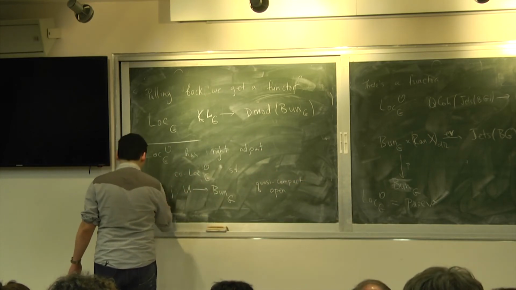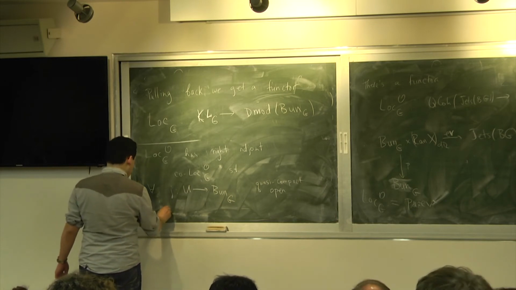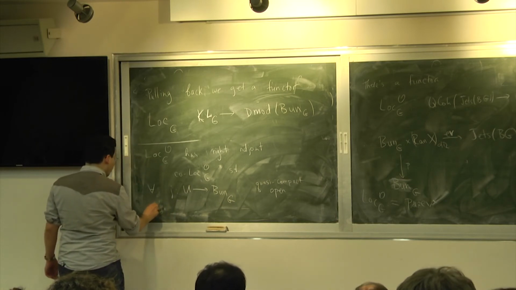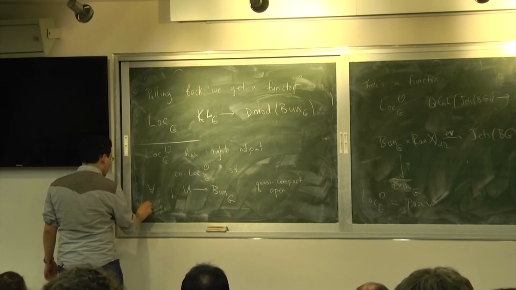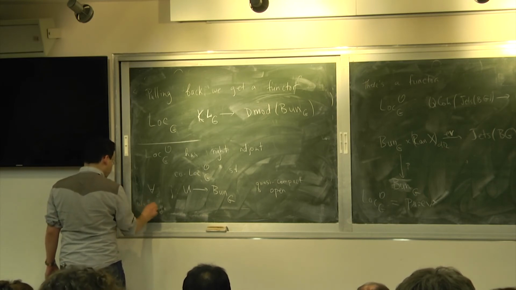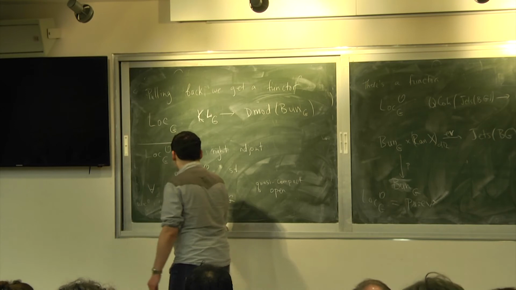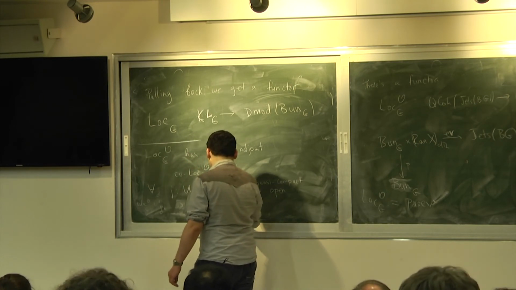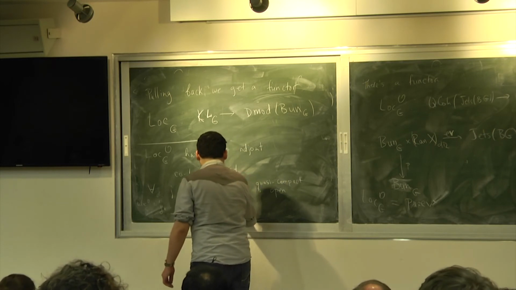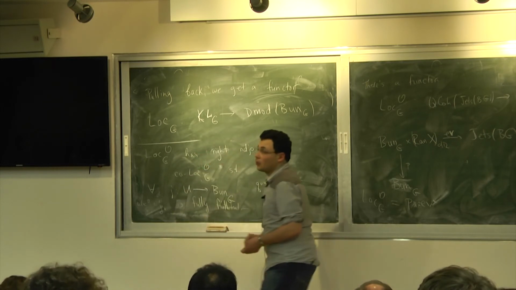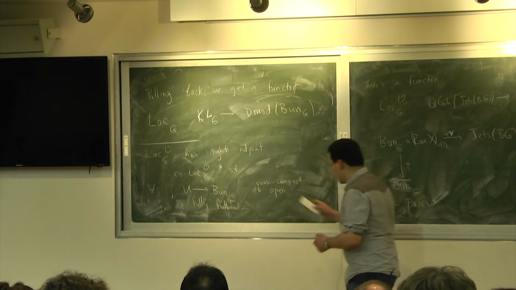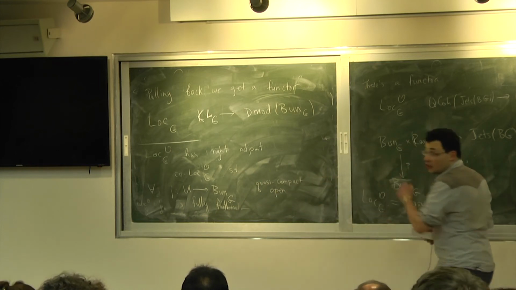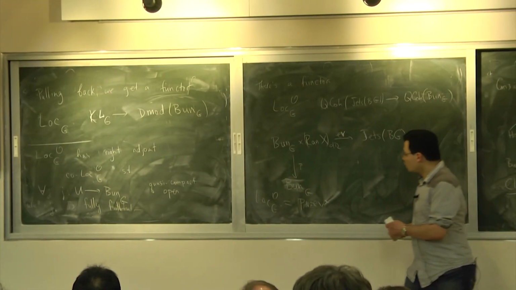And j lower star followed by the co-localization functor is fully faithful. So this is a right modification of that statement in the case of G-bundles.